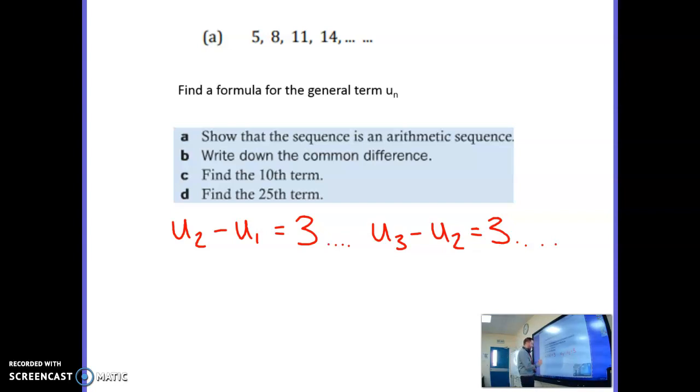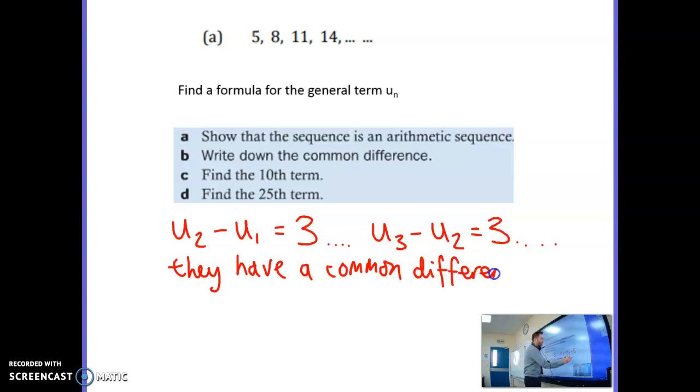So they have a common difference, and therefore it is arithmetic. Excuse my writing in the corner there.